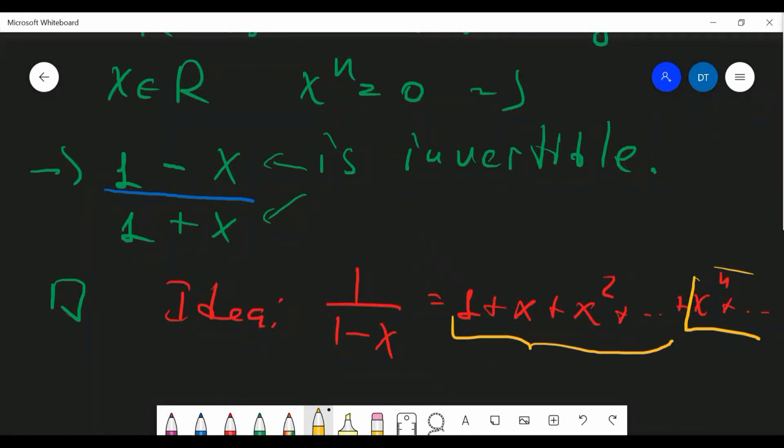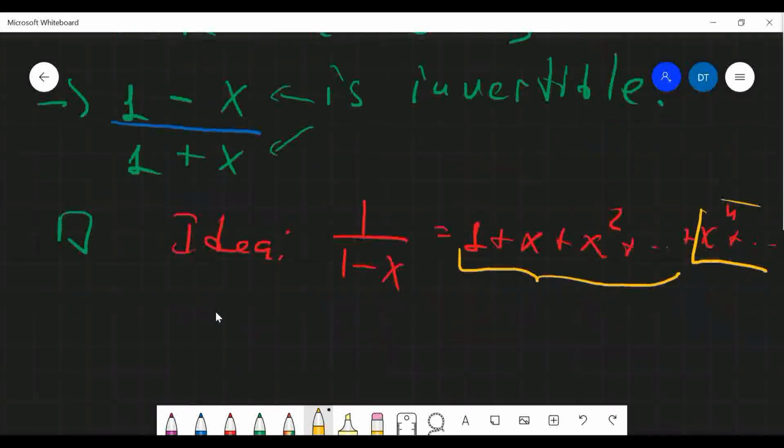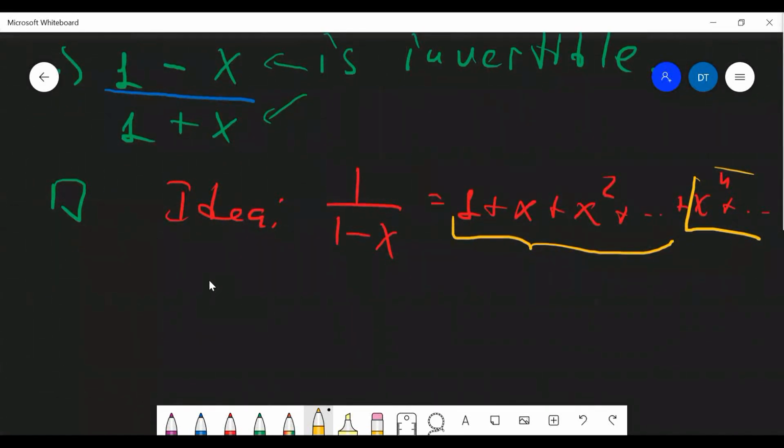So it seems like this expression should be the inverse element. This is not a proof, this is nonsense, it doesn't make any sense. But this tells you how to guess the answer. So let's try this element.